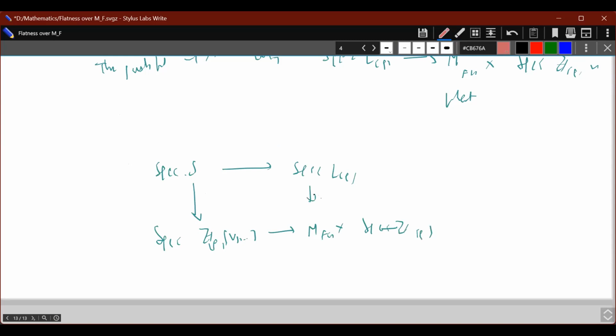Now, by the previous results, it suffices to check that it is flat over.